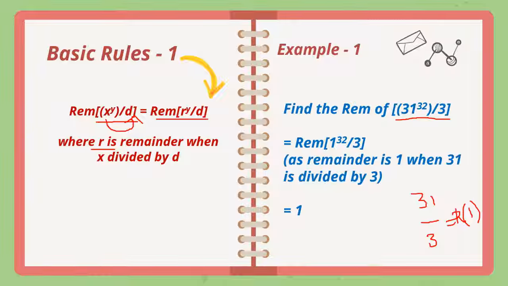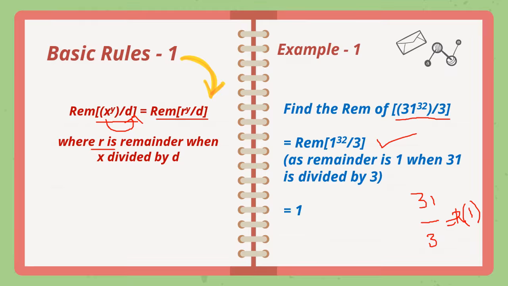I remove 30 from that and get remainder 1, so my r becomes 1. So the remainder becomes 1 to the power 32 divided by 3, and whatever remainder I get is my required remainder. That is my answer indeed.